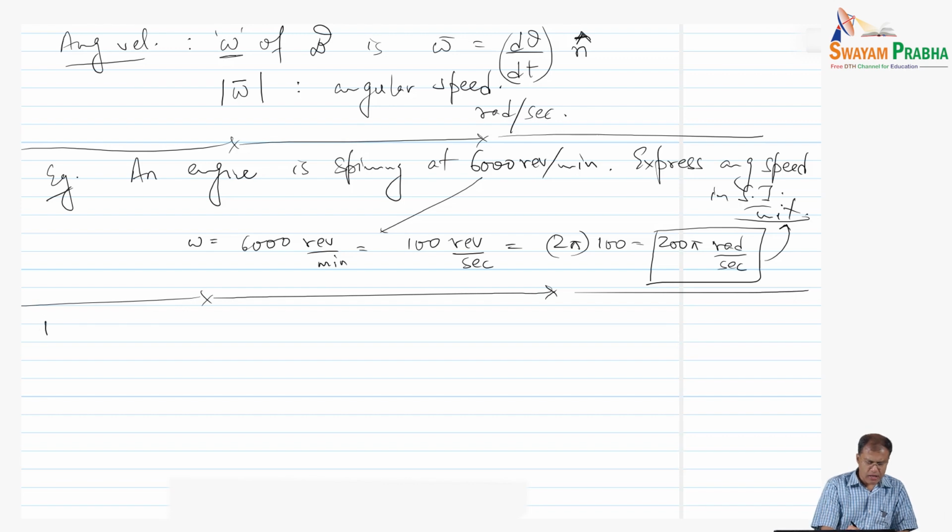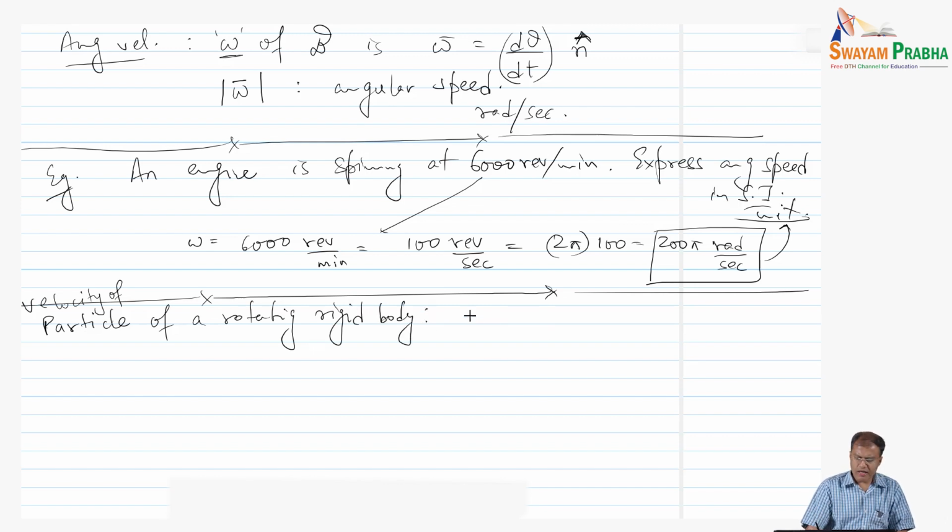So what I'm trying to discuss is what is the velocity of the particle of a rotating rigid body.